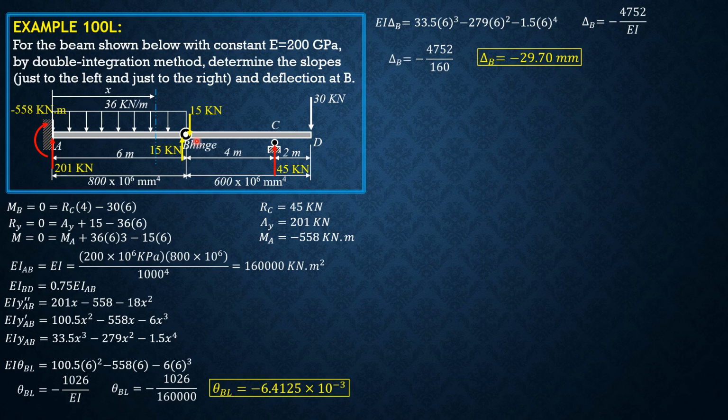Then let's establish the differential equation for portion BCD. Remember, the moment of inertia here is just 0.75 of the moment of inertia of AB.